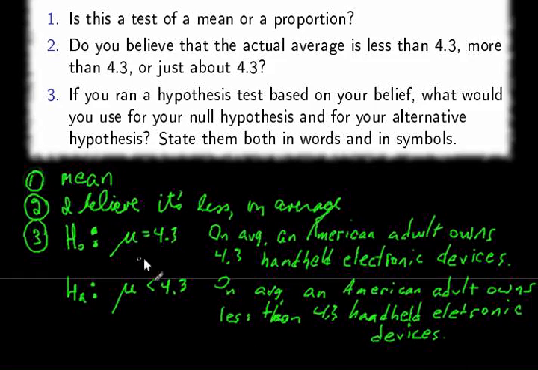So in symbols, this is the null hypothesis, and this is the alternate. And in words, this is the null hypothesis, and this is the alternative.